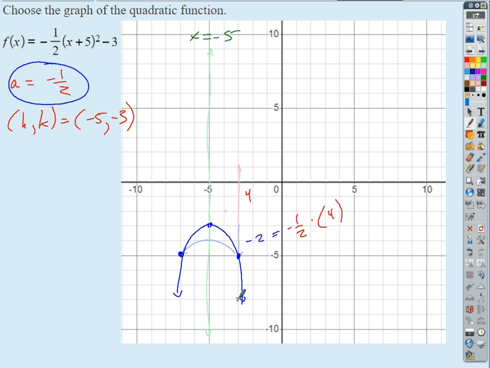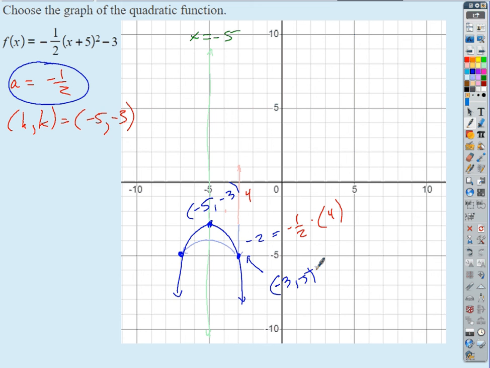So which one do I pick? I pick the one that has a vertex at -5, -3, and goes through the point -3, -5. Right?